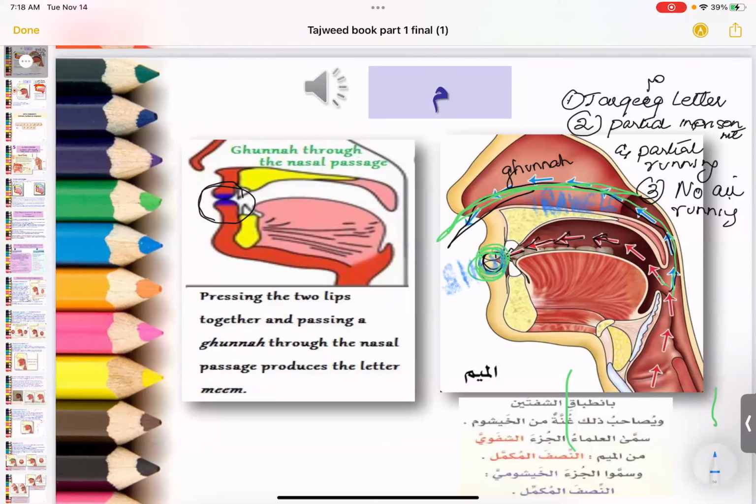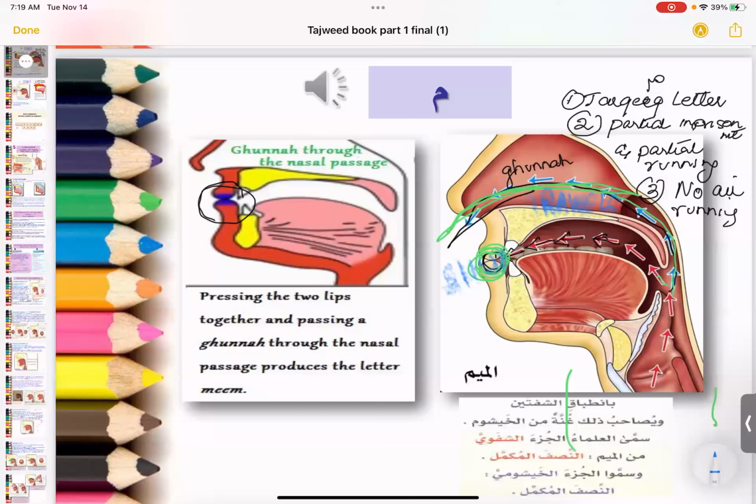Partial imprisonment takes place at the lips, and partial running of the sound takes place in the nasopharynx area, in the nose area behind the nostrils, inside the nose, right? That's called the nasopharynx area, along with the pharynx. That's why in that area there is running of sound. So partial running, partial stopping.